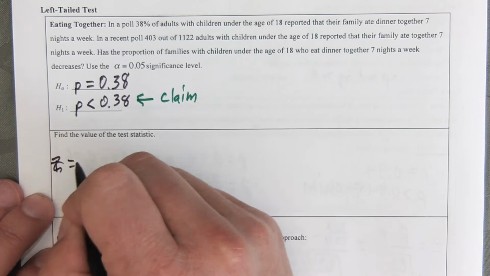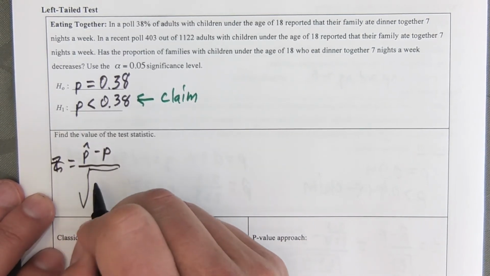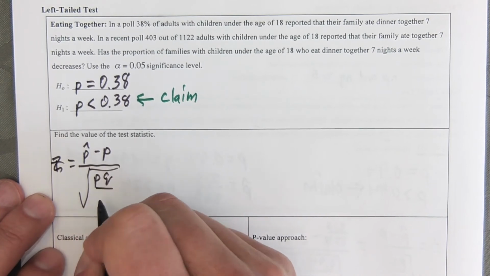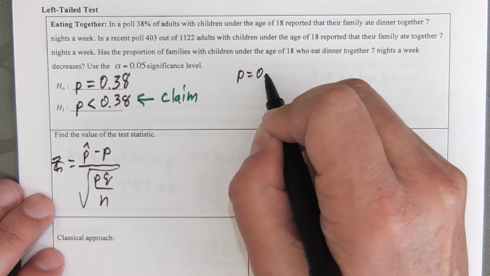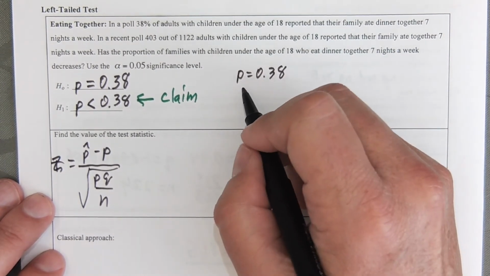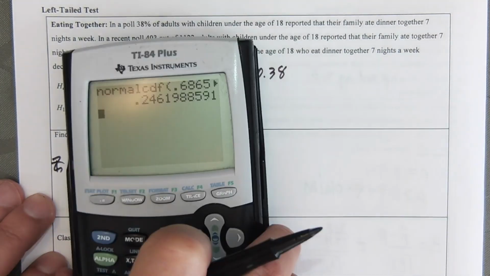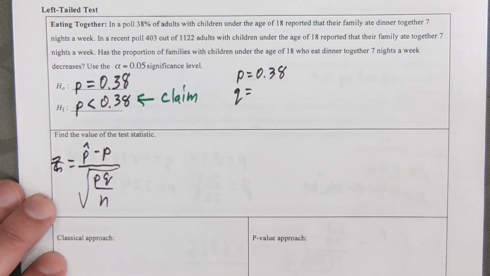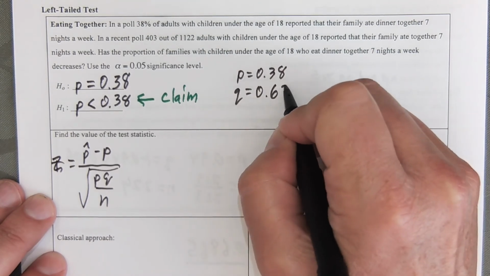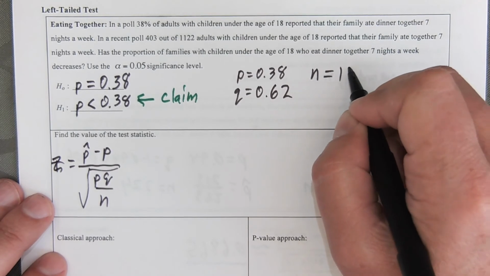Z is p hat minus p over the square root p times q over n. And here we have p is 0.38. Q is going to be 1 minus that. N is 1,122.